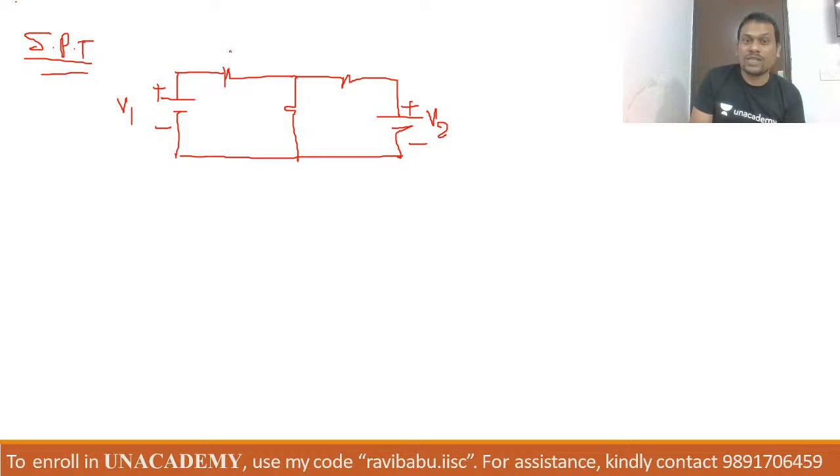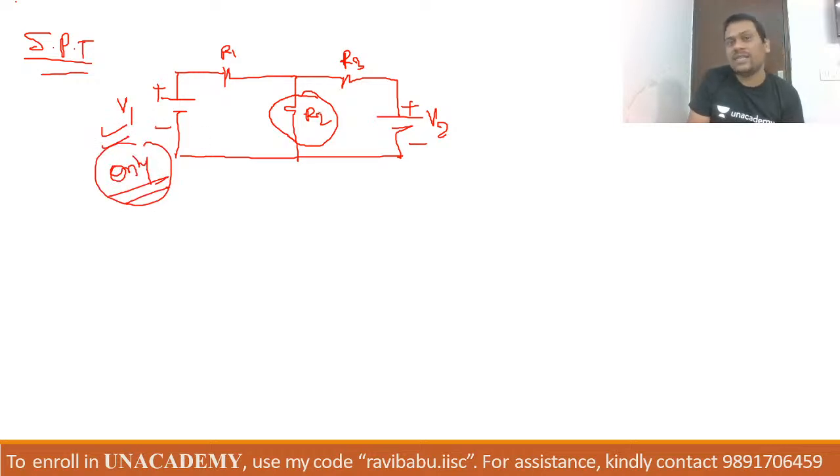So see what I want to tell you here. Let us assume this one is R1, this one is R2, this is R3. And I want to ask you, what will be the power dissipated by the R2 resistance due to V1 only? Due to V1 only, then can we apply superposition?